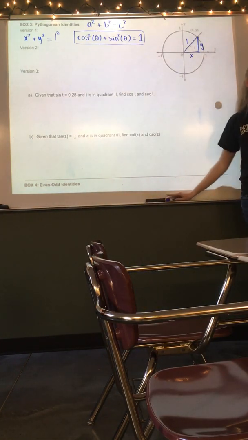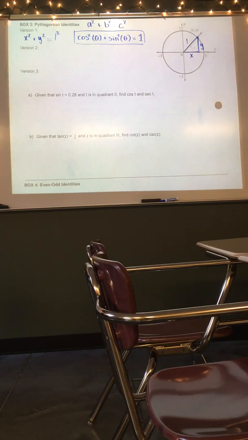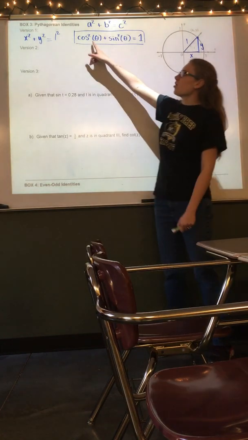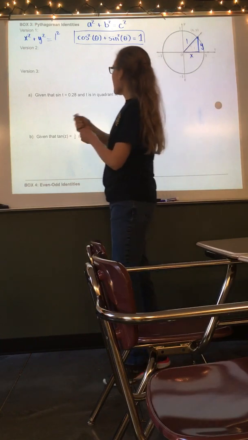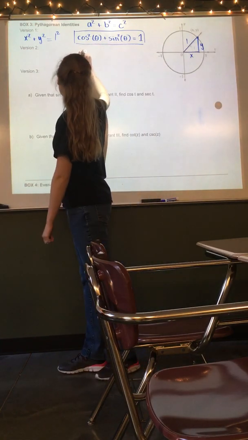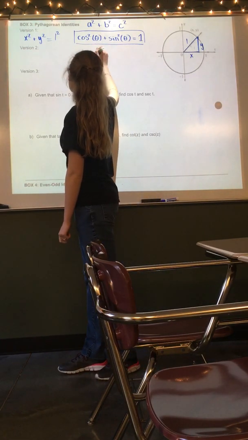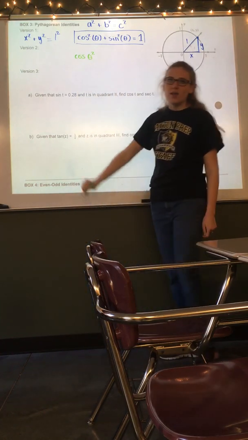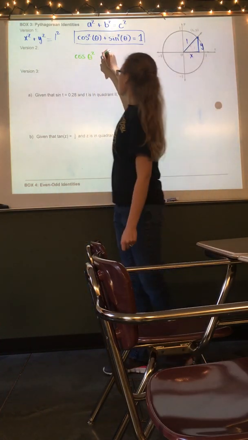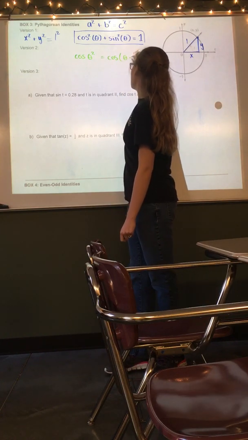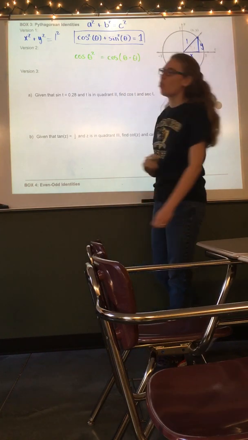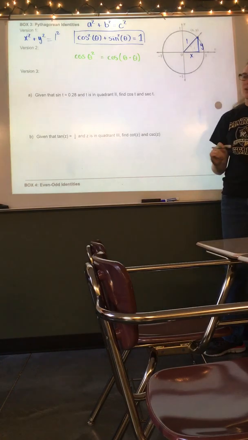Quick word on notation. It's just the way we write this. Notice how I put the squared sign up here by the trig value. If we were to write it how you might have expected, cosine theta squared, it means take the cosine of the angle times itself, and only the angle gets squared.